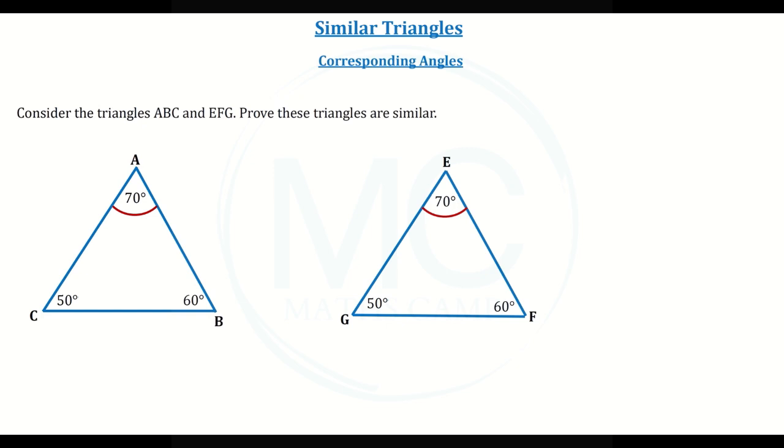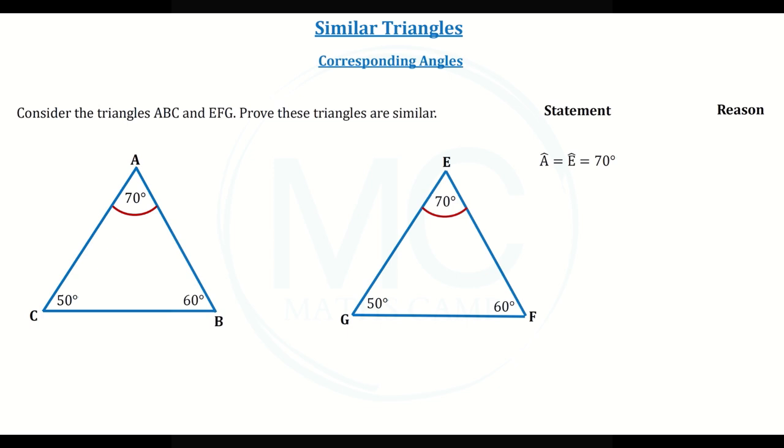When working in geometry, any information you write down is known as a statement, and for every statement, you need to give a reason why you believe the statement to be true. We know that angle A is equal to angle E, so we can write the statement down over here.